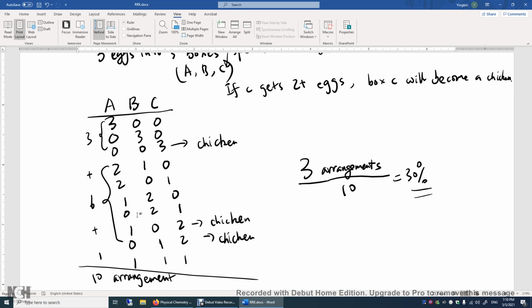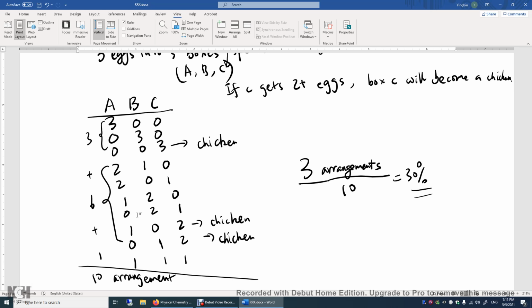It's pretty easy to deal with 3 eggs and 3 boxes, but in the future, when we deal with 1 mole of energy quanta being distributed, well, 1 mole is too big. Let's say 50 energy quanta being distributed to 100 vibrational modes or 20 vibrational modes. It's going to be really difficult to draw such a table.